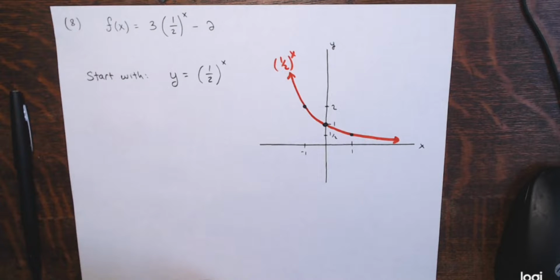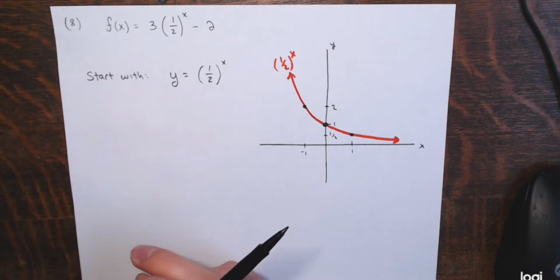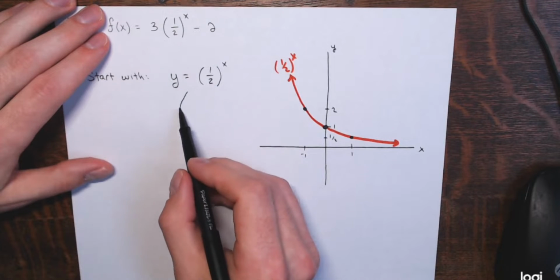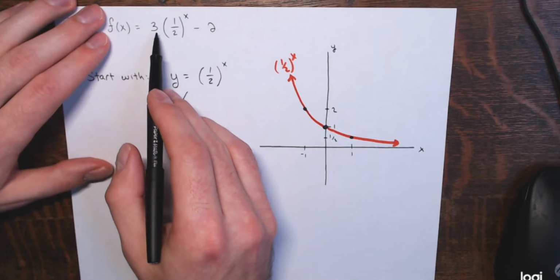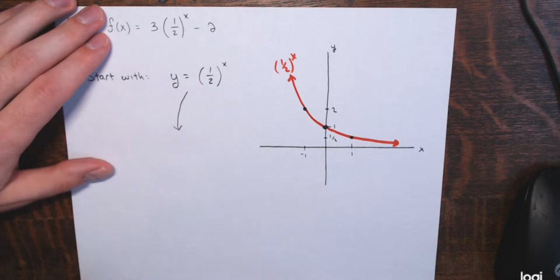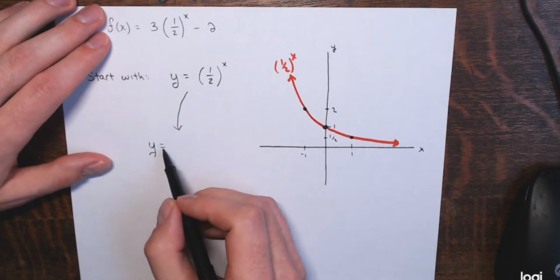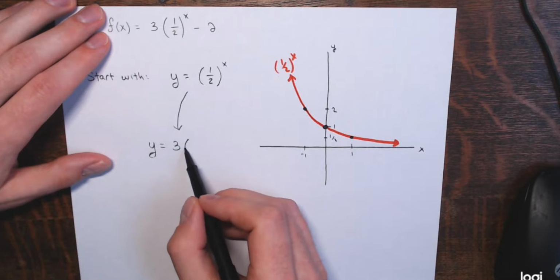And then one step at a time, I'm going to perform transformations to make this look like this. The first thing I would want to do is the multiplication. Any vertical transformation, I like doing multiplication before addition. So times 3: I take the previous rule and multiply it by 3.